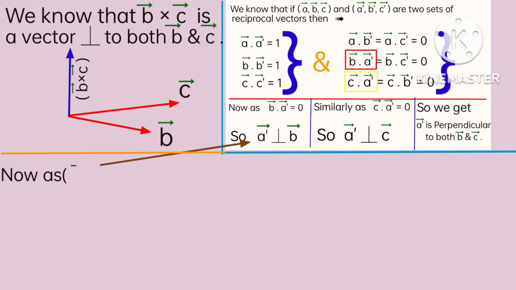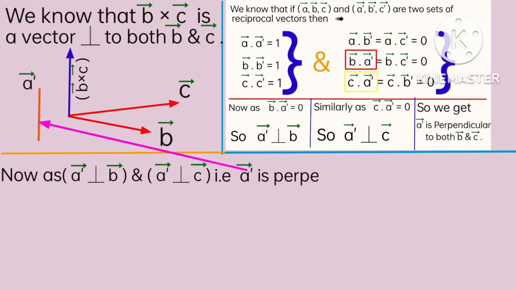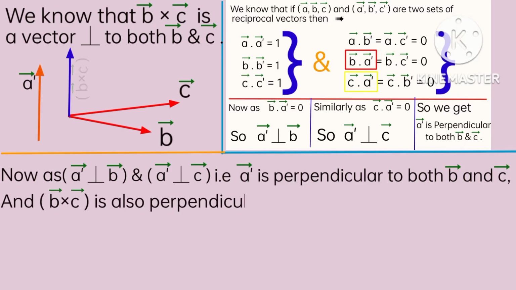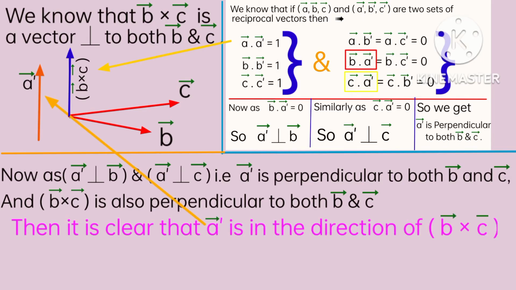Now as A' vector is perpendicular to both B and C vectors, and B cross C is also perpendicular to both B and C vectors, it is clear that A' is in the direction of B cross C vector.